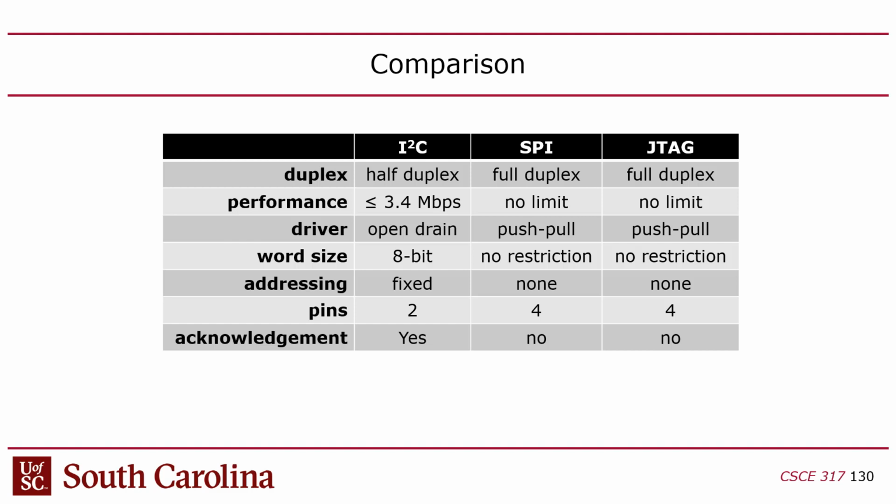Every device has a fixed address defined by some kind of consortium, kind of like the USB ID. Whereas with SPI and JTAG, it's not codified. The pins: 2 pins for I2C, 4 for SPI, and 4 minimum for JTAG, although there are some optional pins. And I2C is the only one with the acknowledgement.